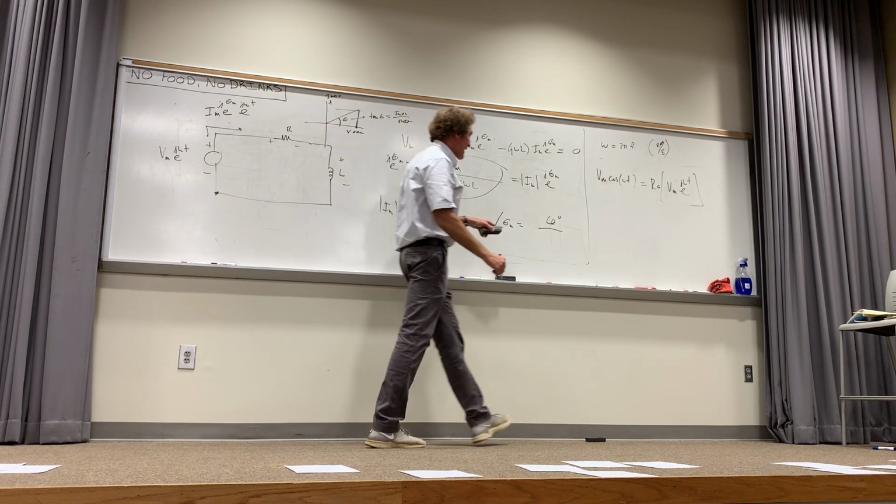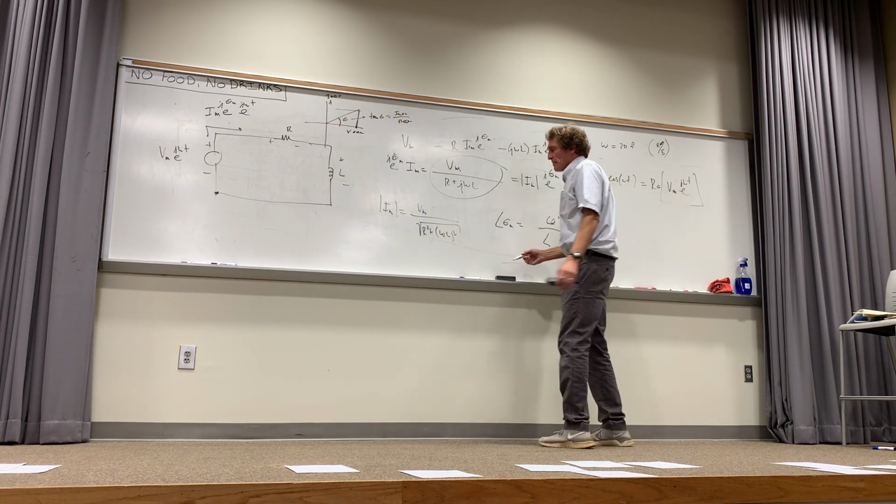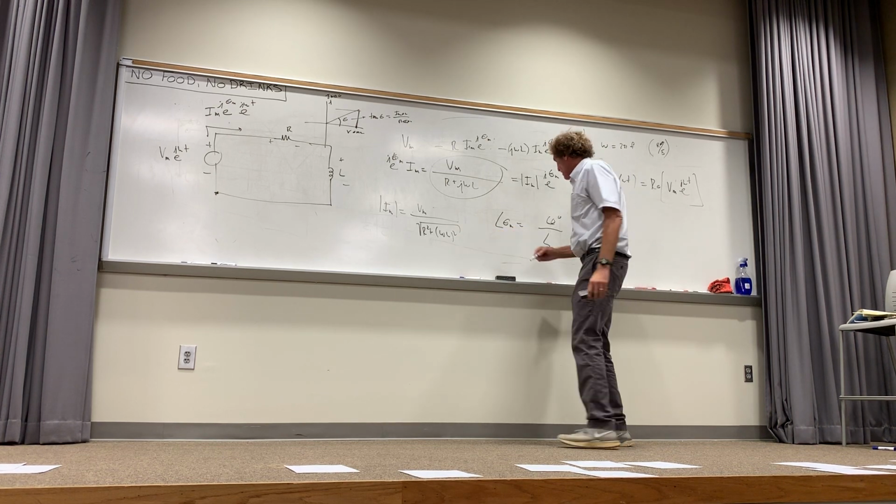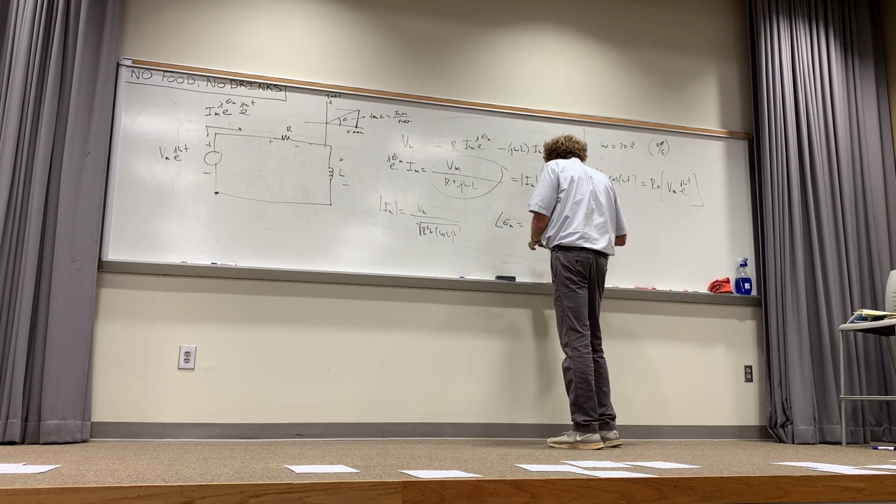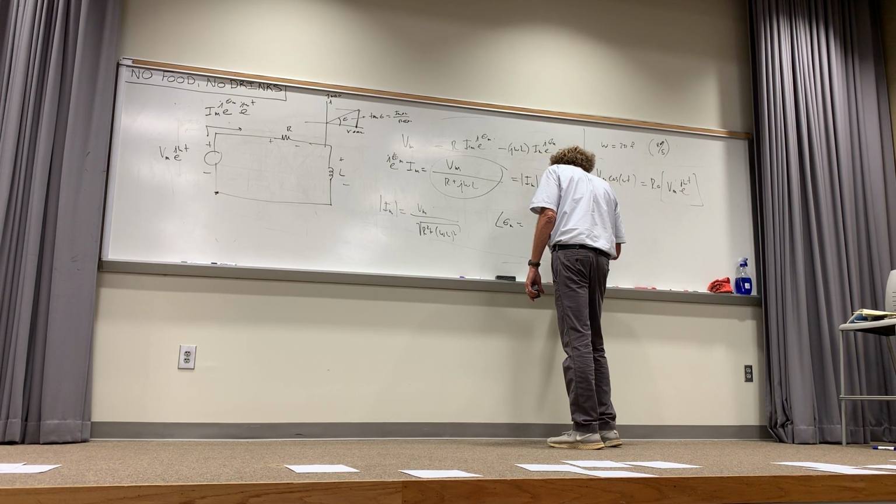Down here, the imaginary part is j omega L. So the angle would be tan minus 1 of omega L over R.